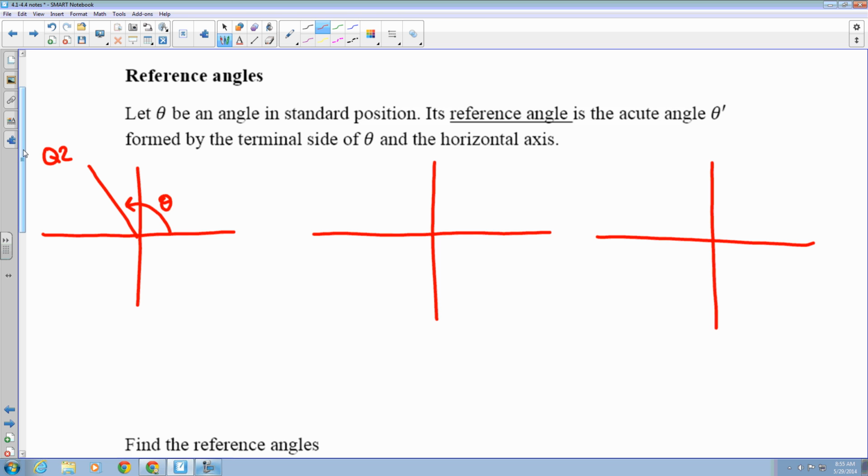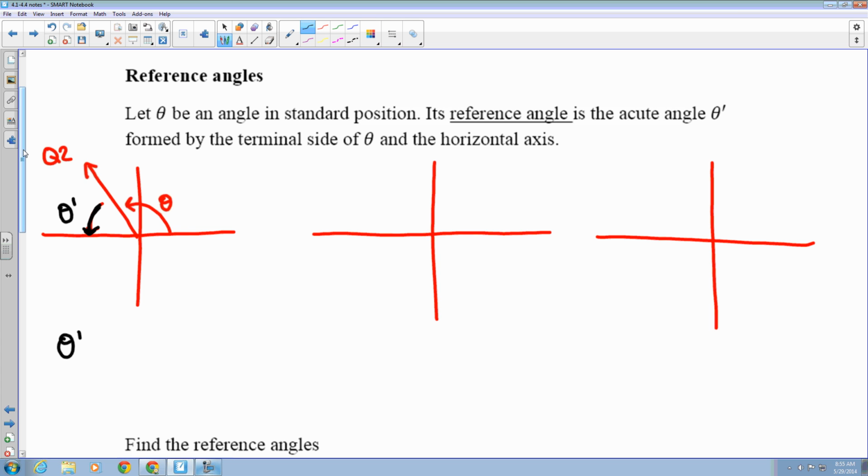Here's our theta. We're always trying to find the angle from the terminal side of theta, which would be right there, to the next horizontal axis. Our reference angle would be right there, and we would call that theta prime. That's how we identify the reference angle.